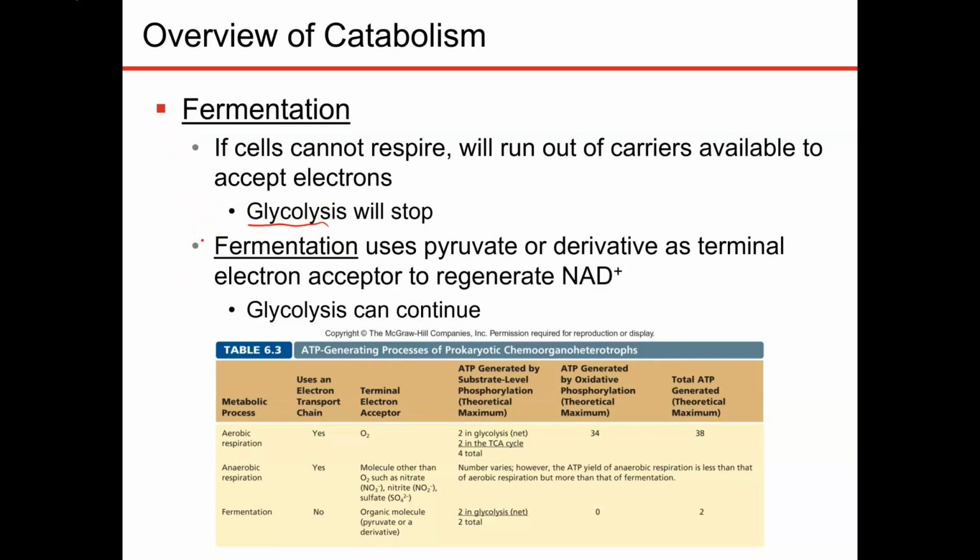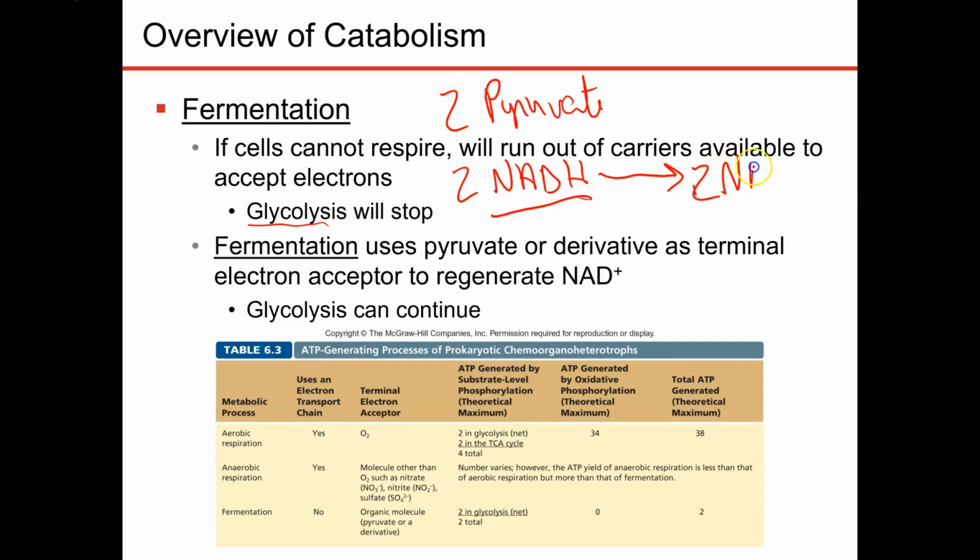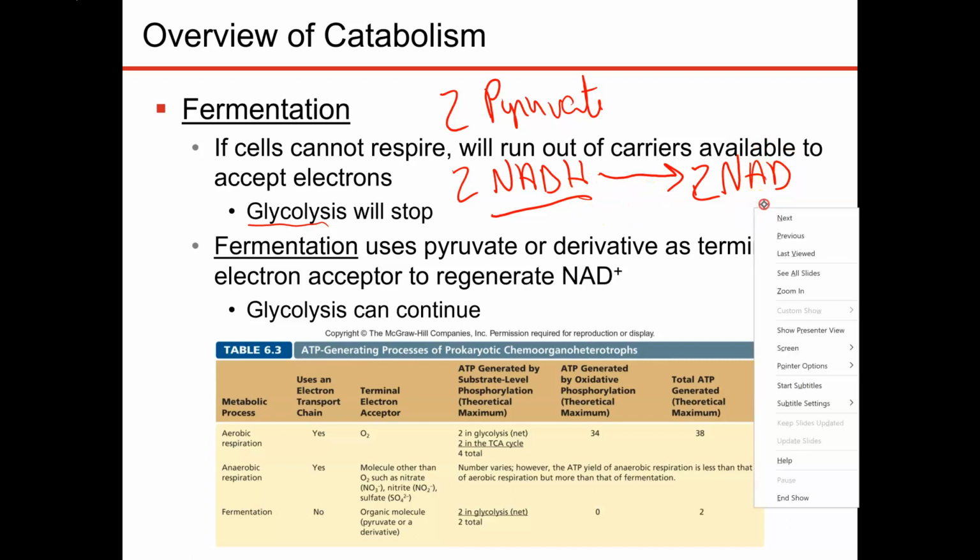So at the end of glycolysis, we have two pyruvate, and we have two NADH. So the NADH have to be oxidized back to NAD so that they can then help in the breakdown or the oxidation of another glucose molecule.